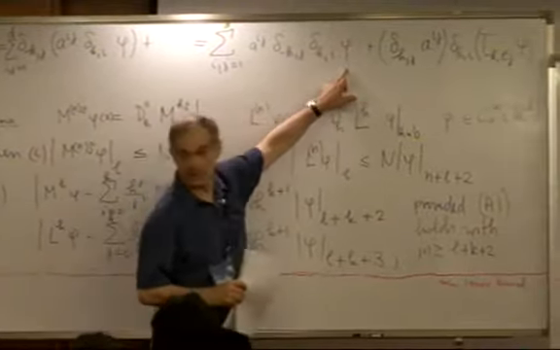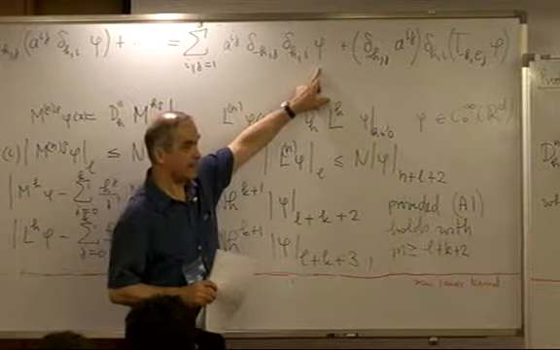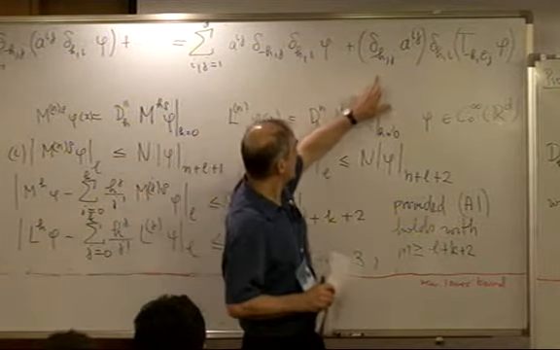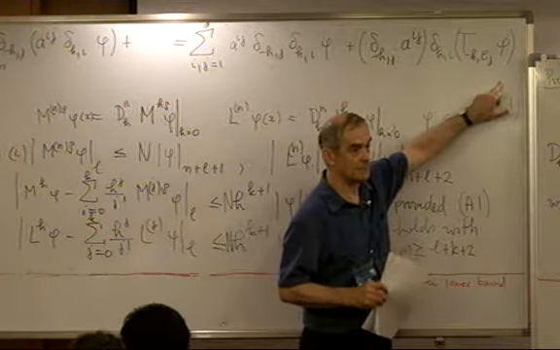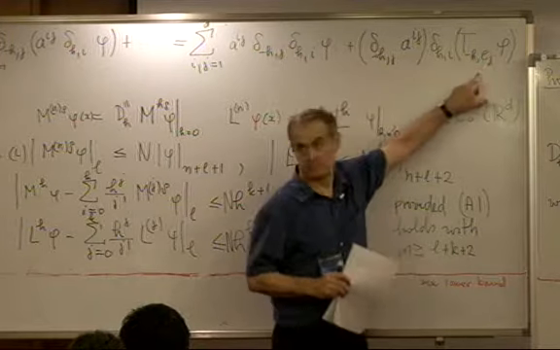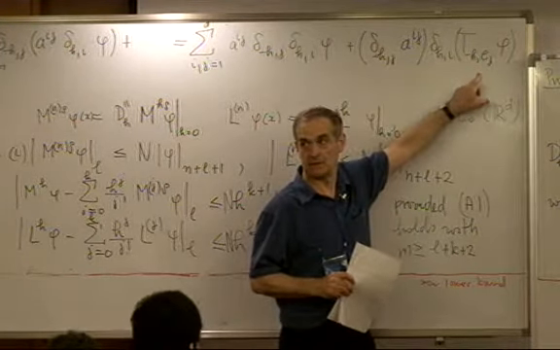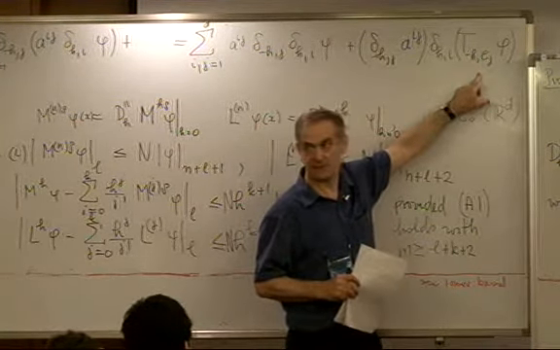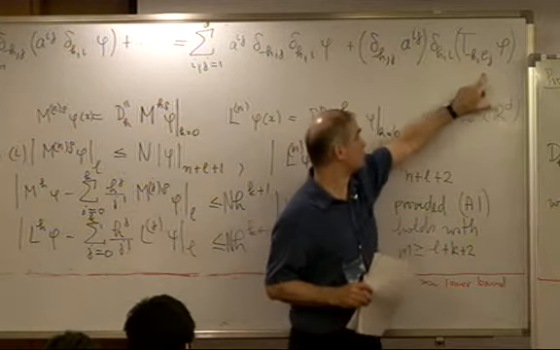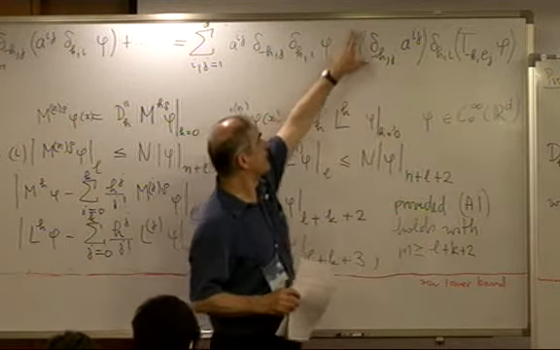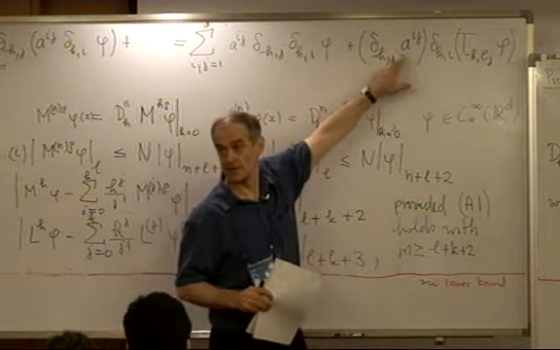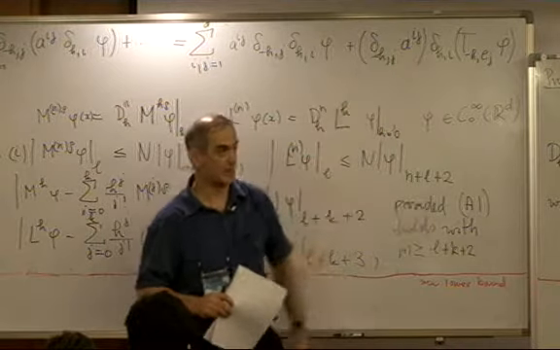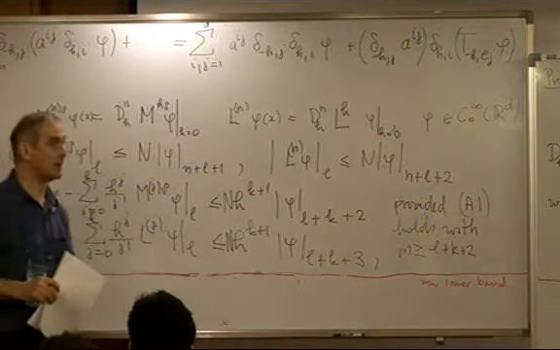So I only showed this part that can be estimated, but by similar method this part as well. Here the shift doesn't make any change. The norm of the function is the same as the norm of the shifted function, right? Here this is estimated by a constant times the derivative of a. So one should have an extra derivative to require from a.